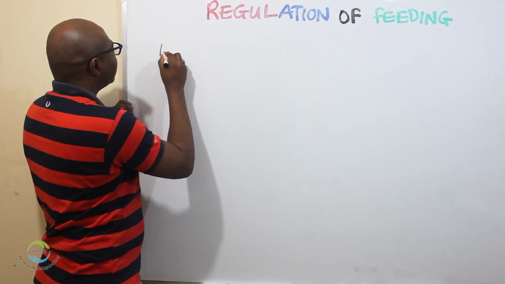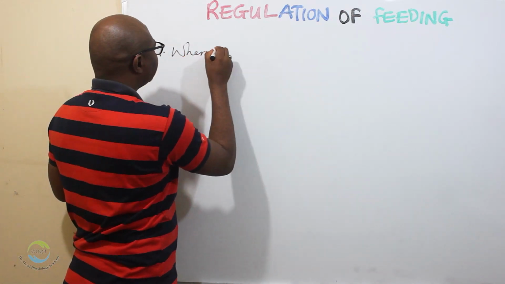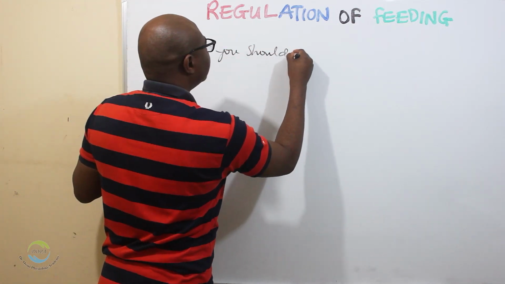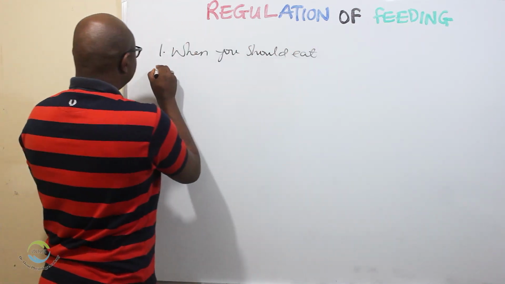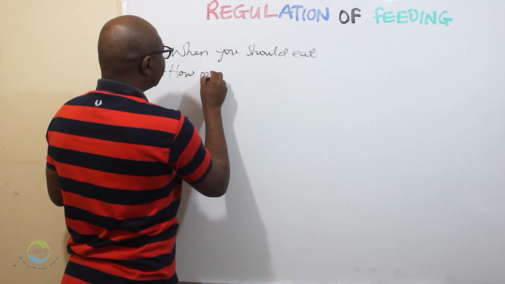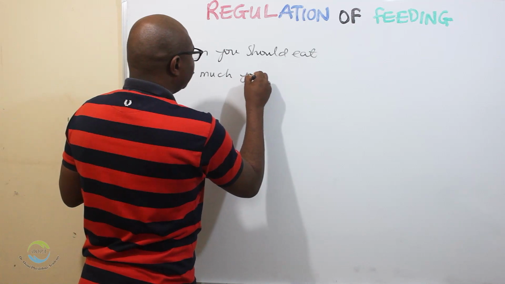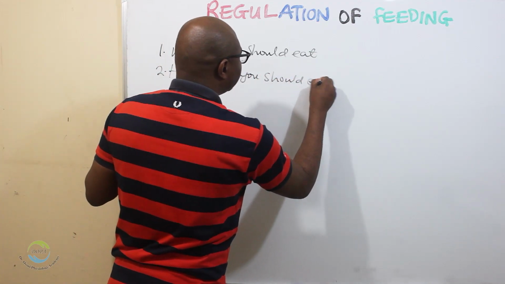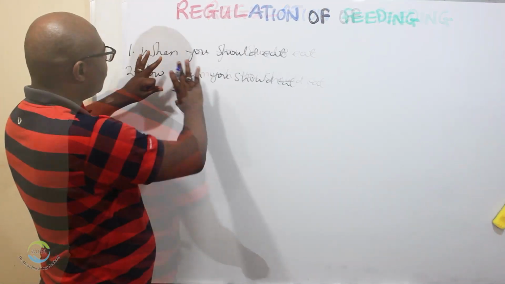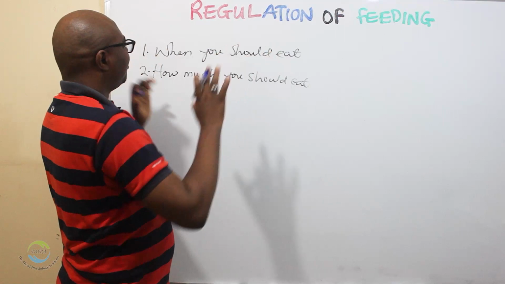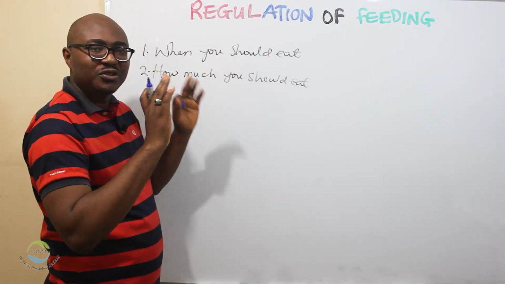So it has to do with when you should eat, and number two, how much you should eat. So it needs to know when you should eat and how much you should eat.